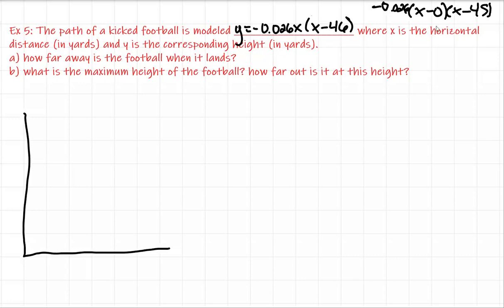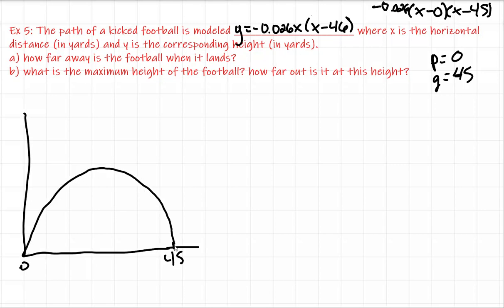So we know, since this is an intercept form, our p is 0 and our q is 46. So if here is 0 and here is 46, then we know that the parabola also opens down because it's negative in the front. We know it looks roughly like this.